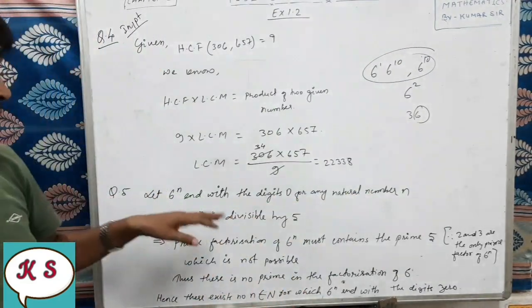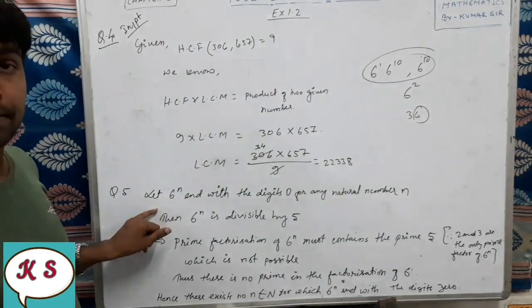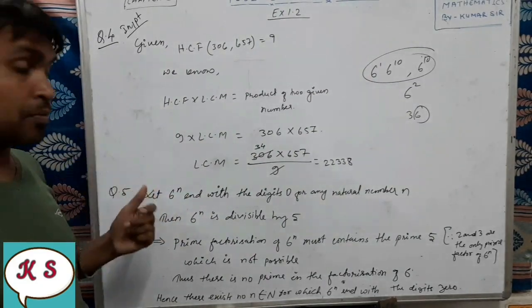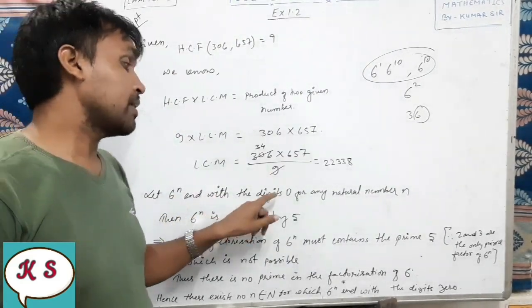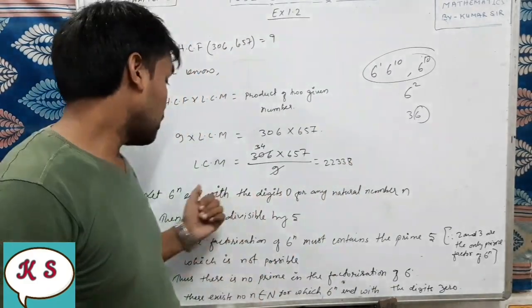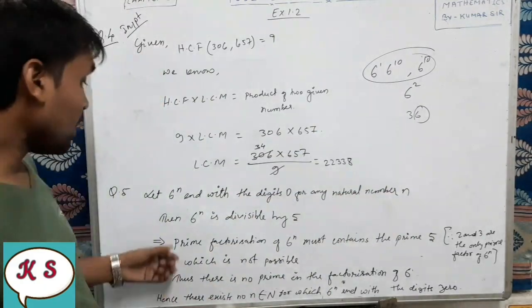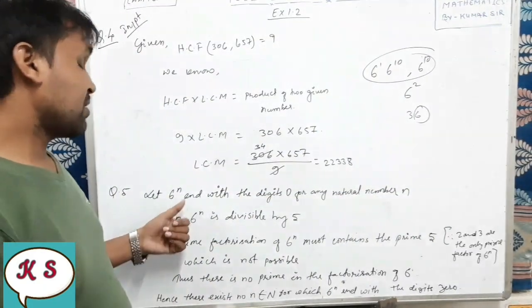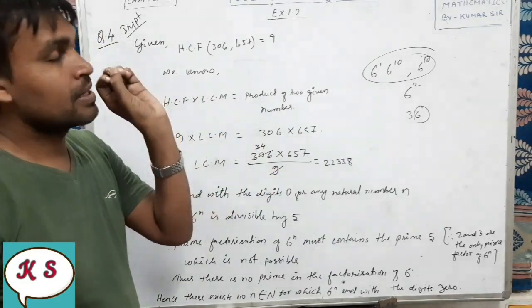We assume, as an assumption that it is not true, let 6 to the power n end with the digit 0 for any natural number n. Okay, so here n is a natural number.